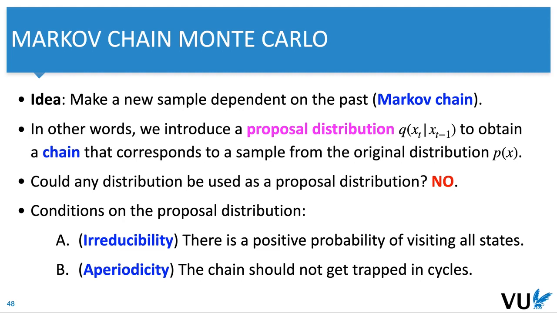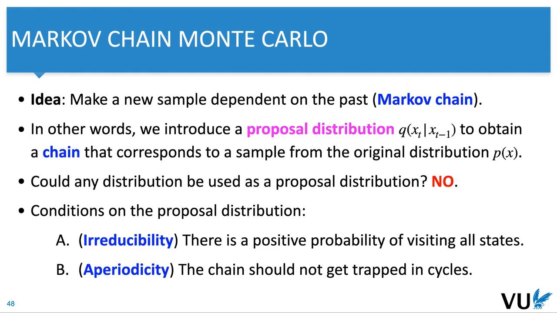So first, it's called irreducibility. In other words, we need to ensure that if we start in some point, there is a positive probability, it could be an extremely small value, that every other state is possible to achieve. Okay, so we are not excluding any point in the space. And the second thing is that this chain cannot get trapped in cycles.